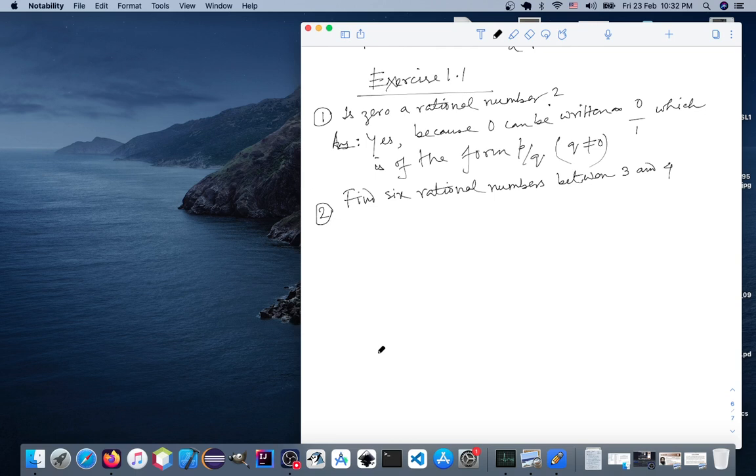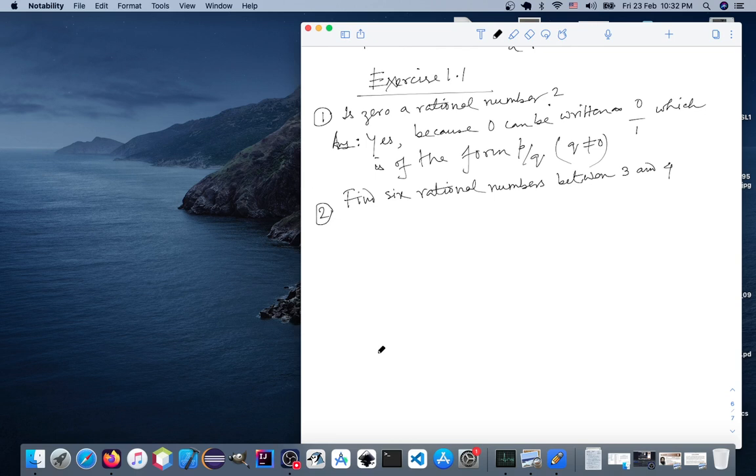So to find 6 rational numbers you have to do a similar computation 6 times. It's better to use method number 2. So we will use method number 2 to find 6 rational numbers between 3 and 4.